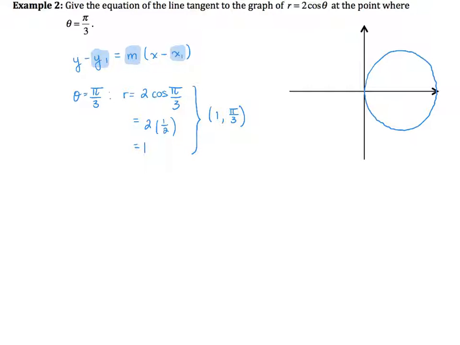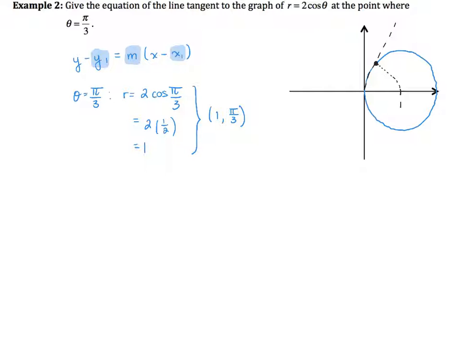So that tells me, go out to a radius of 1, which is here, and then rotate pi over 3. Maybe this radial line represents pi over 3. So 1, and then rotate to there. So we're looking at right here.